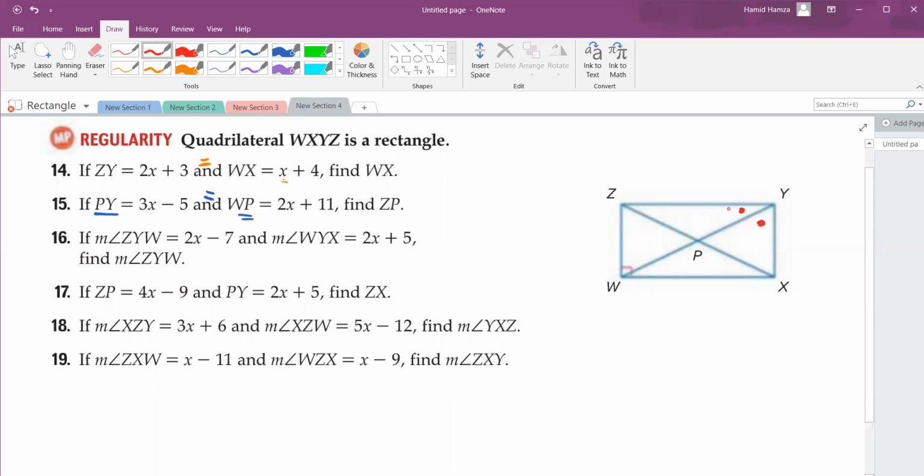So these two together, their sum is 90 degrees. So we will add them. 2x and 2x will be 4x. -7 plus 5 will be -2. So their sum, 4x minus 2, equals 90. Okay, so we will solve this equation, find x, and substitute in this one to find the angle.